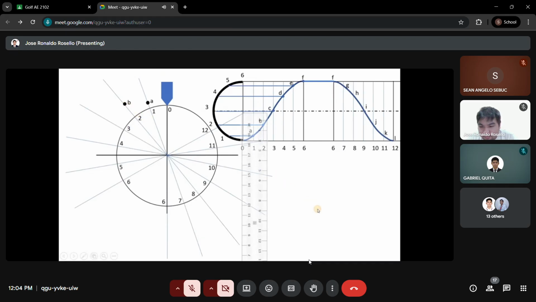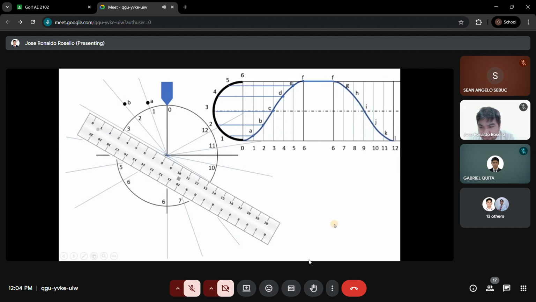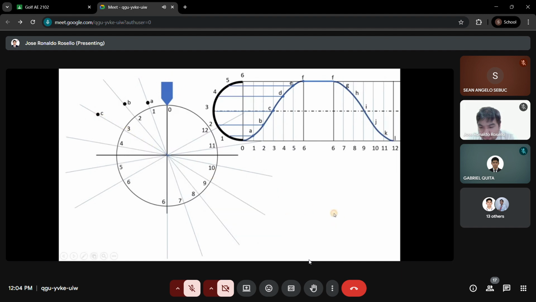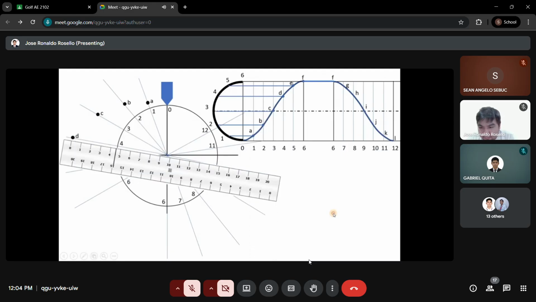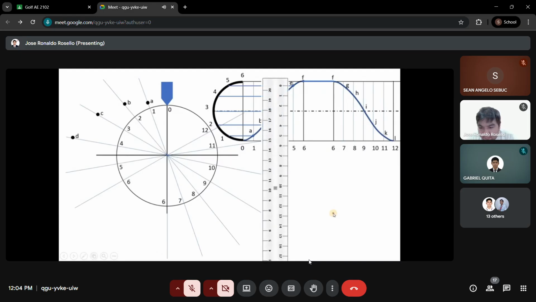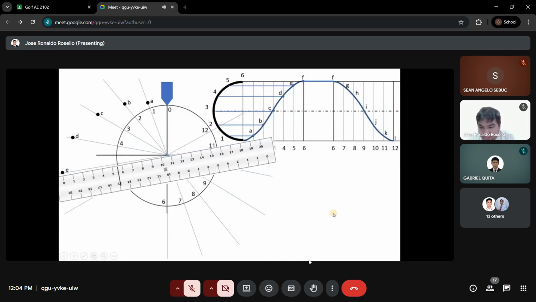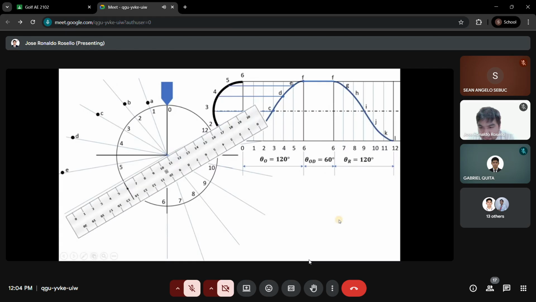Similarly, this 3C distance, that is 3 centimeter, we are marking over here. Similarly for 4D, then for 5E, and then for this particular 6F.